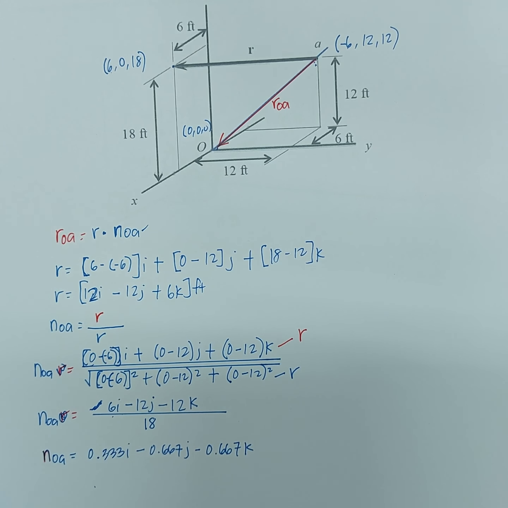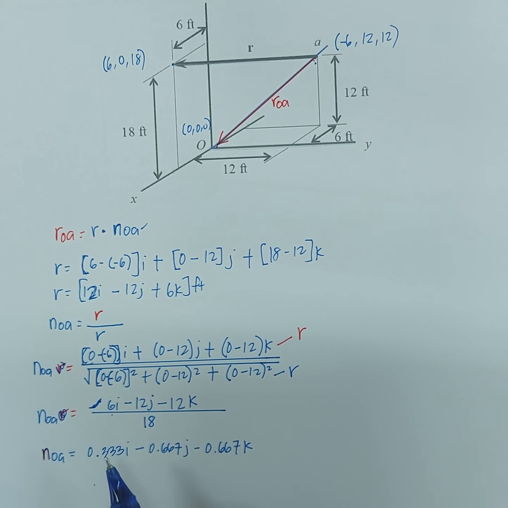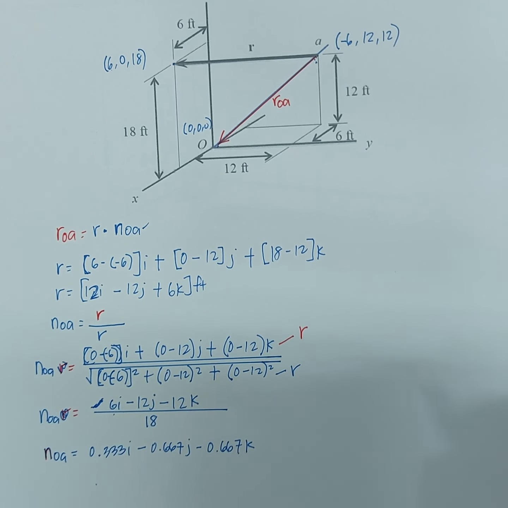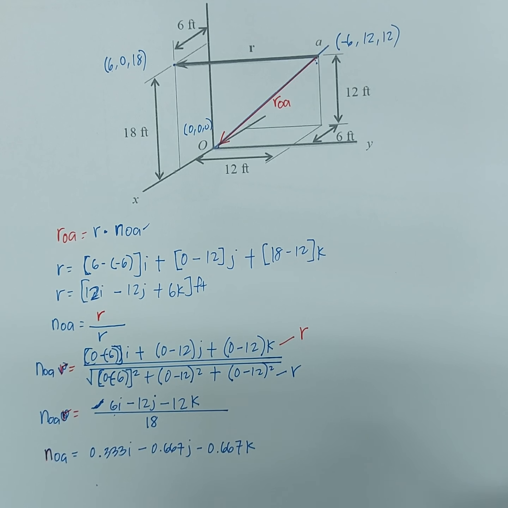Take note that when we solve for unit vectors, the coefficients should always be less than 1. If there is one more than 1, the unit vector is wrong.